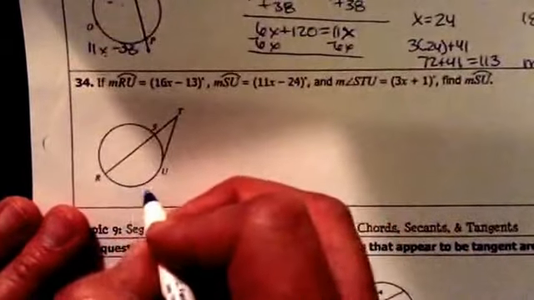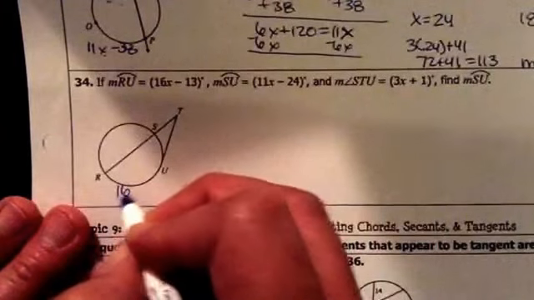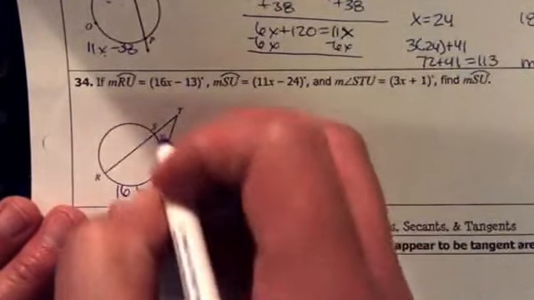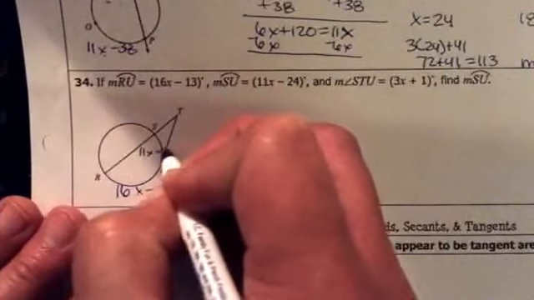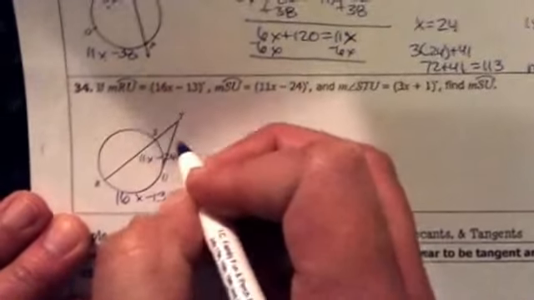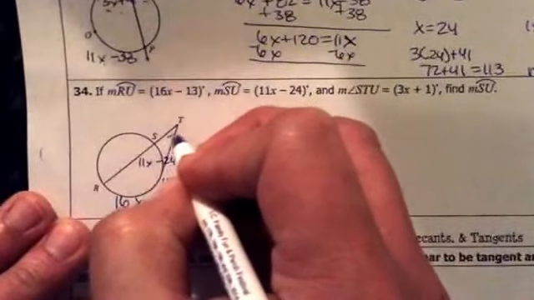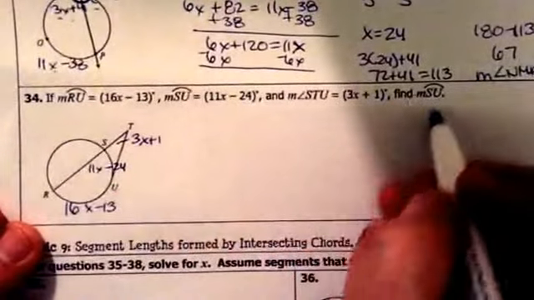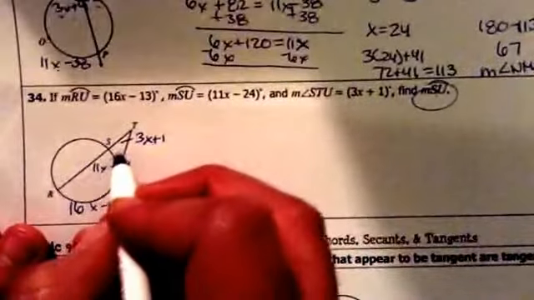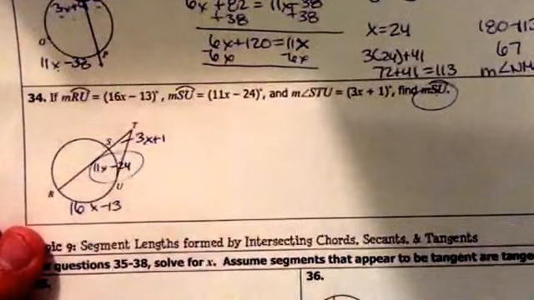Next question. They're telling us arc RU is 16x minus 13. Arc SU is 11x minus 24. And measure of STU is 3x plus 1. They want us to find SU, so they're actually looking for us to find this arc right here.